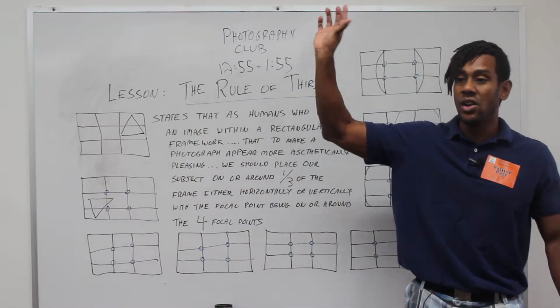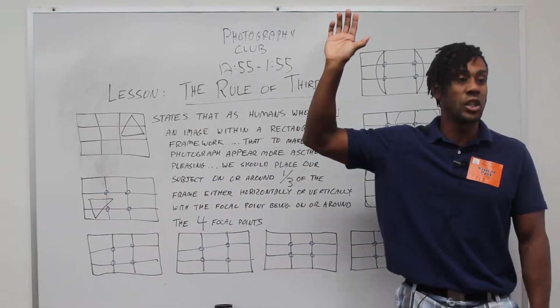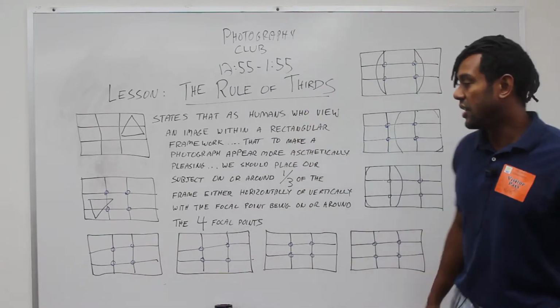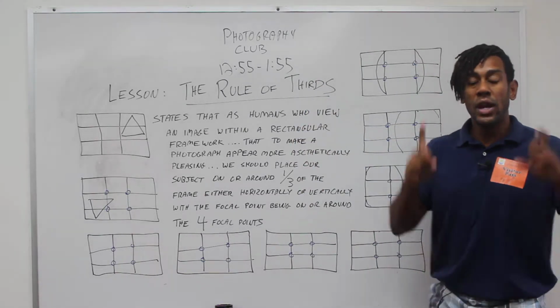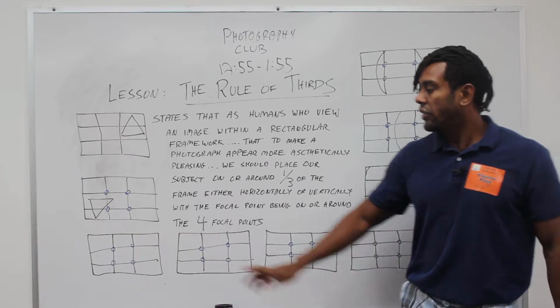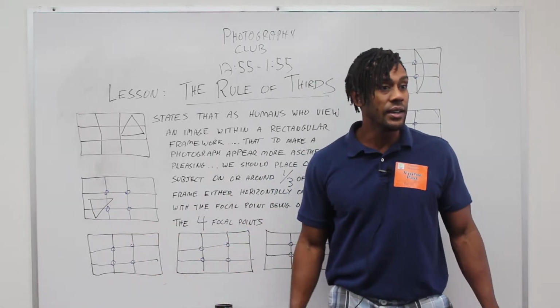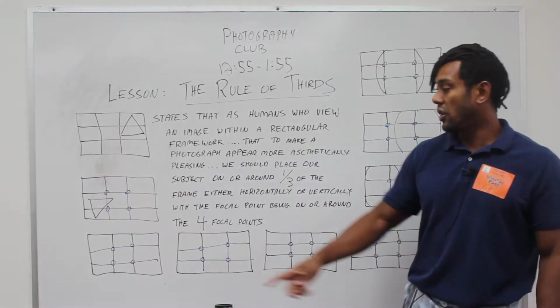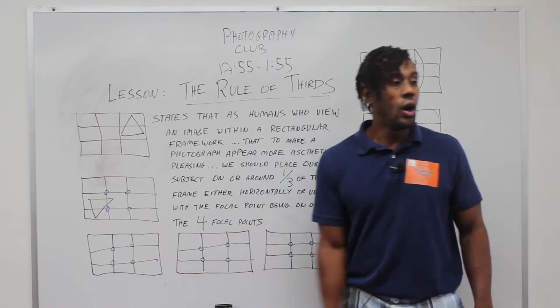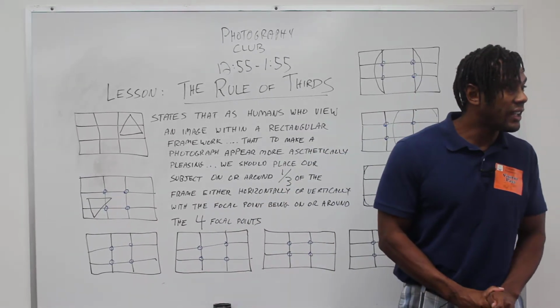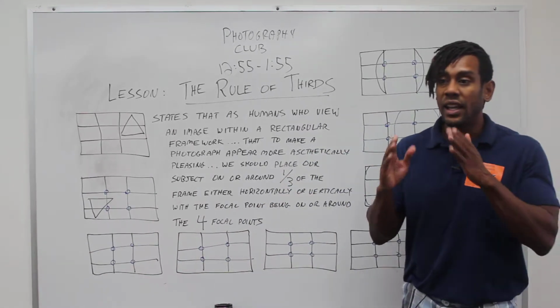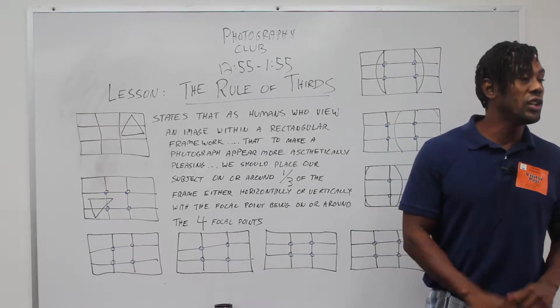How many of us see that whenever we are taking a photo? It should be everybody. Good, good. But whenever you take a photo, you notice those black lines aren't even there, right? You just see the photo. Well, the reason we do that is that the camera automatically lines up the image using the rule of thirds.